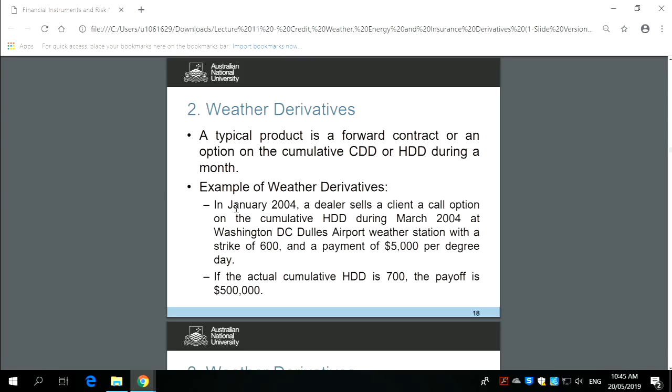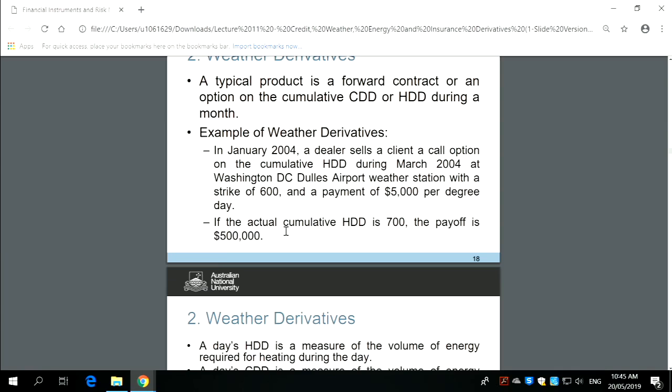One example here is that in January 2004, a dealer sells a client a call option on the cumulative HDD during March of 2004 at a Washington, D.C. airport weather station, with a strike price of 600 and a payment of 5,000 per degree day. Now, if the actual cumulative HDD is 700, then the payoff is this much.